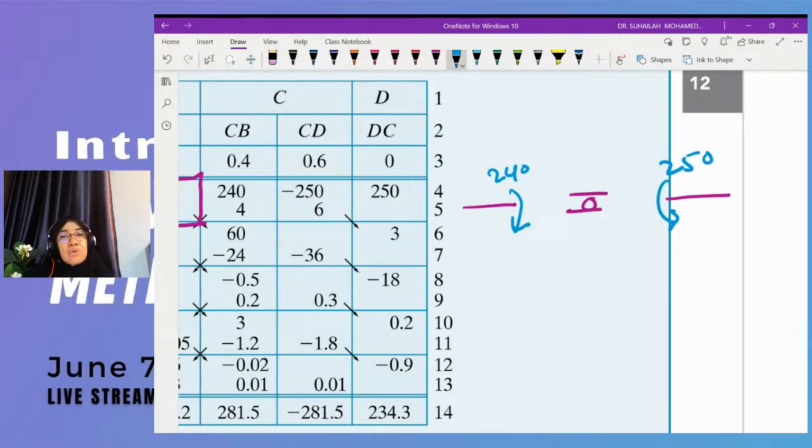But these are not the joint moment. The joint moment means this 240 and this 250.